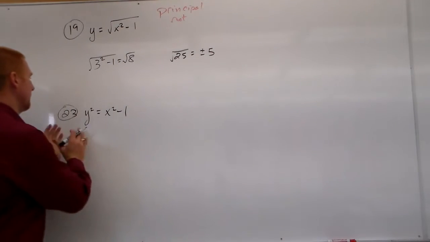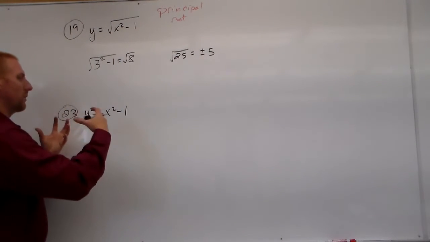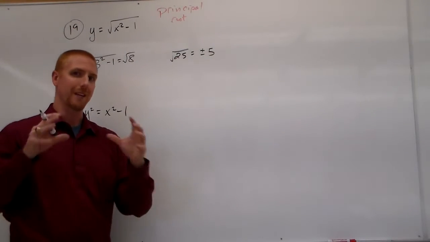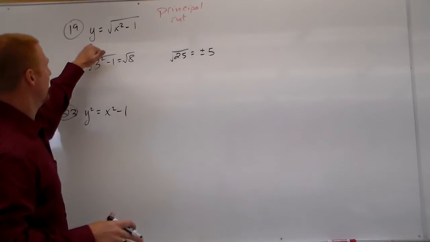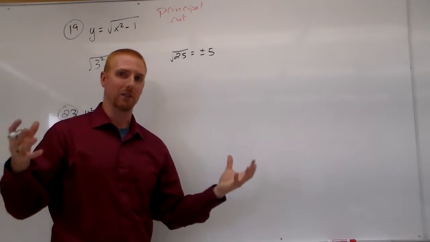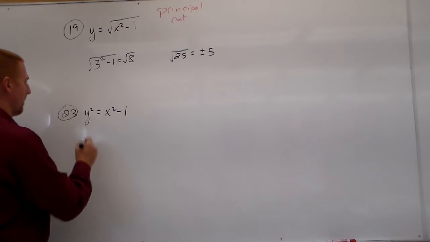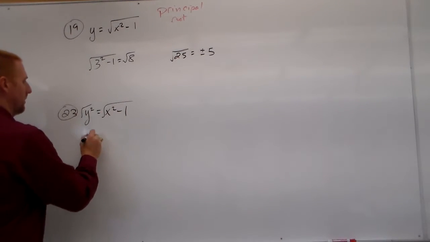Now in contrast, when you get to 23, it's not quite fully given to you. You've got y squared here. There's work you need to do to get this thing to be y equals, and then make a decision. So to get y by itself, taking a square root seems like a pretty logical approach.